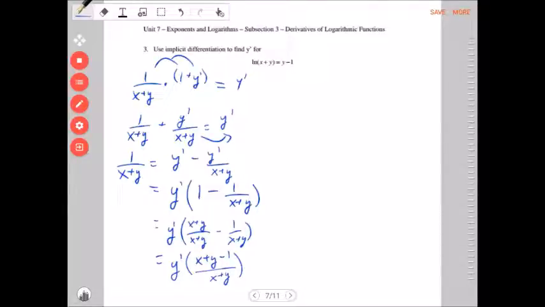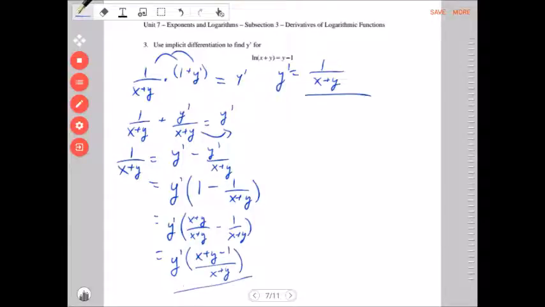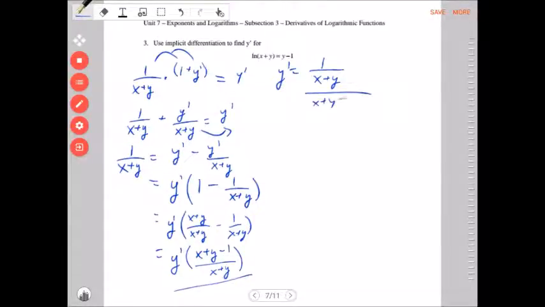Now that we've made that into one fraction, now I can divide it over. So my y prime is going to equal 1 over x plus y divided by x plus y minus 1 over x plus y. Now, remember, how do you divide fractions?